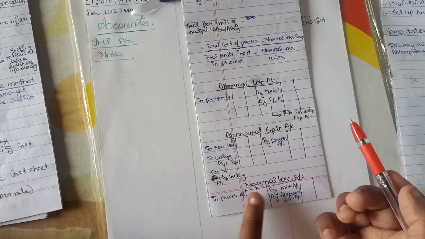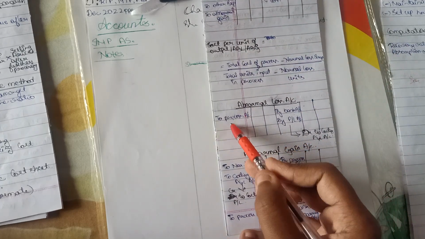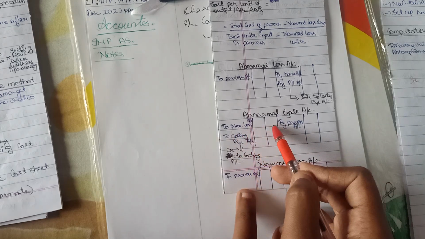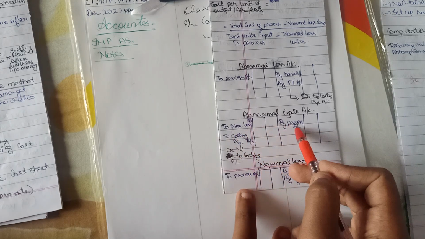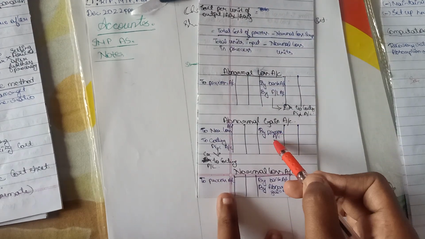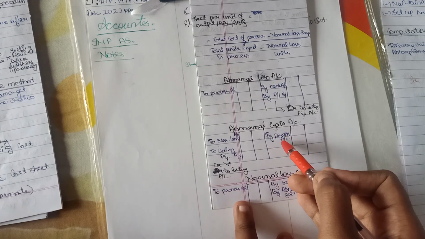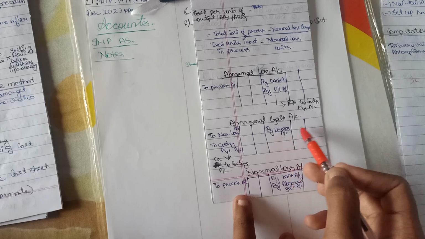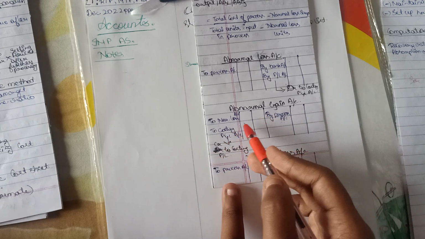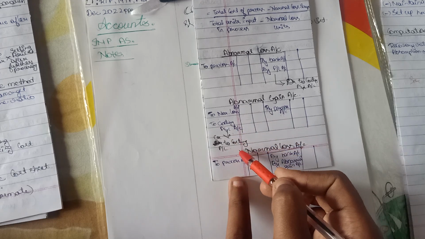This amount will be recorded on the opposite side. We'll be writing the amount by process account, and the balancing figure will go to costing P&L account.